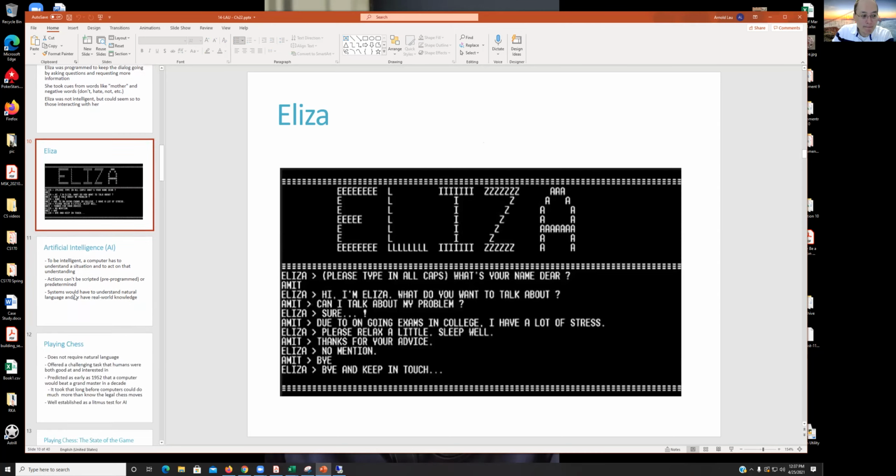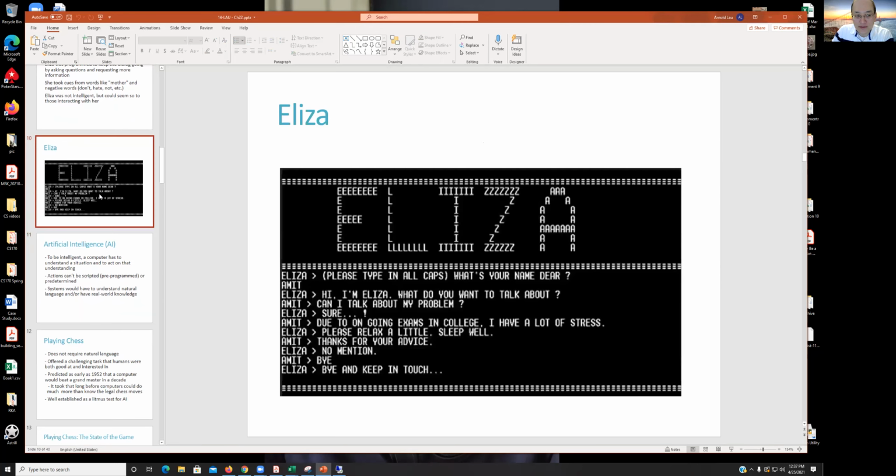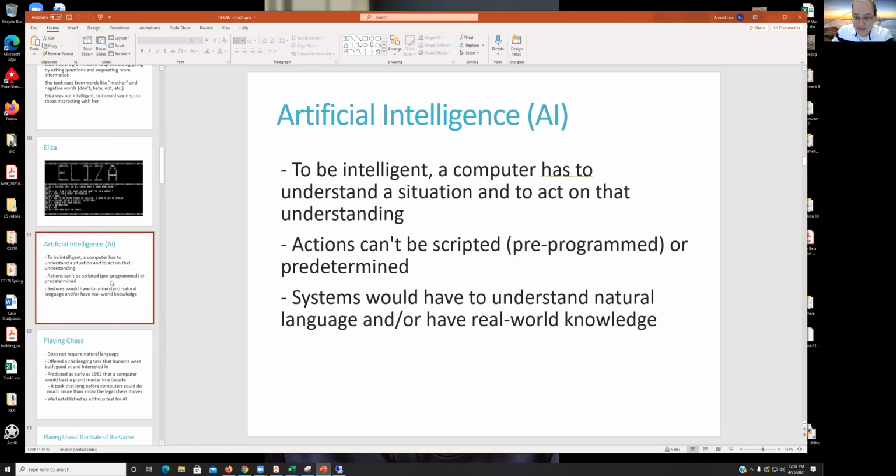Okay, so this is a key point here, right? With things like this, the computer doesn't really understand. It's just looking for some key things and then doing a response based on that, right?